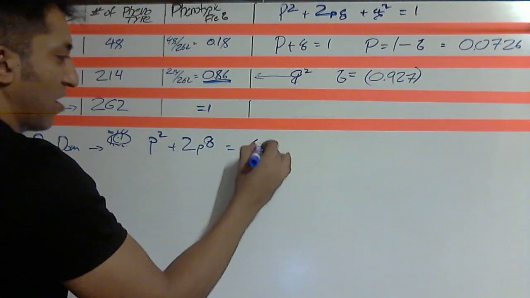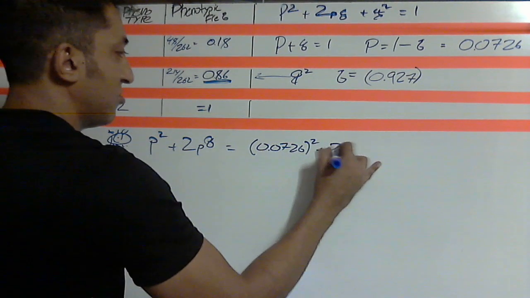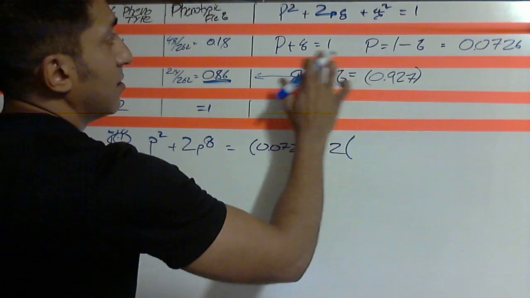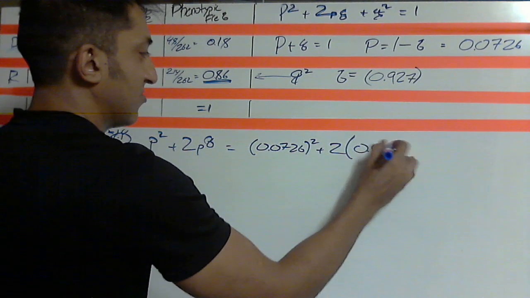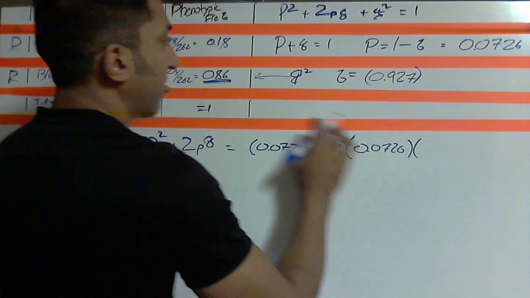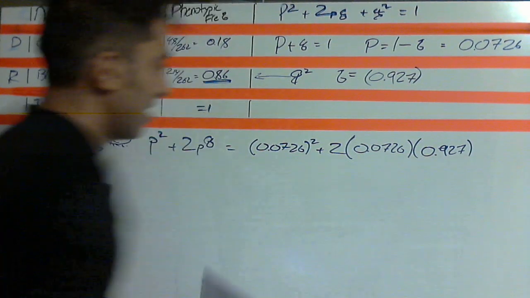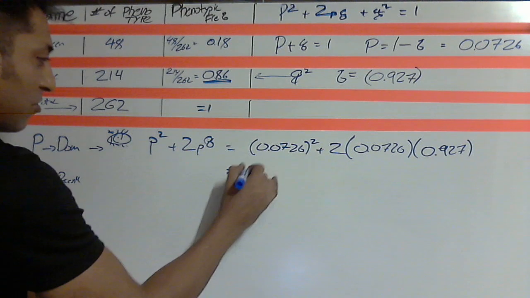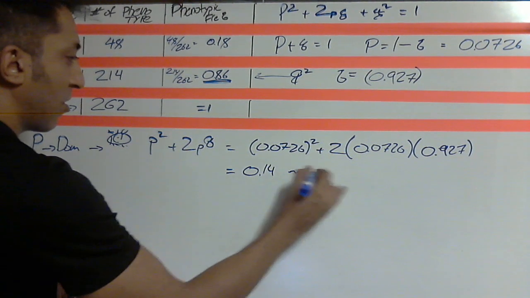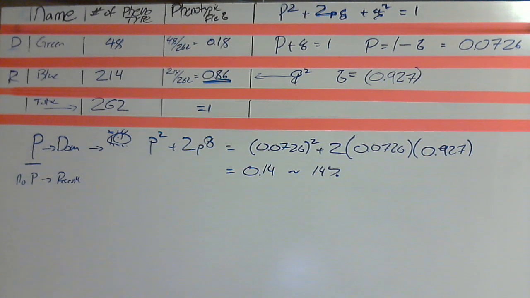We can just go ahead and put a square on that: 0.0726 squared, plus 2 times our p, which is this, 0.0726, times our q, which is this, 0.927. And if we go ahead and do that, we're going to get a frequency of 0.14 or 14%.